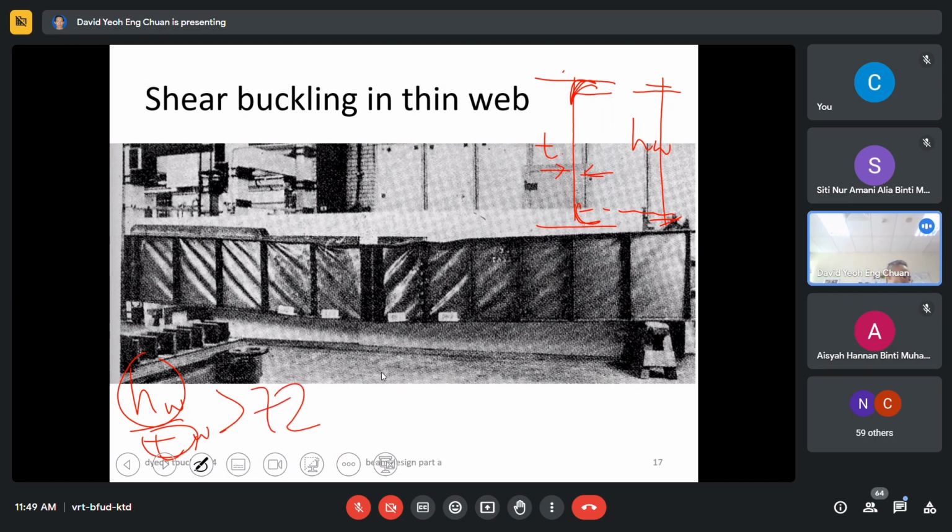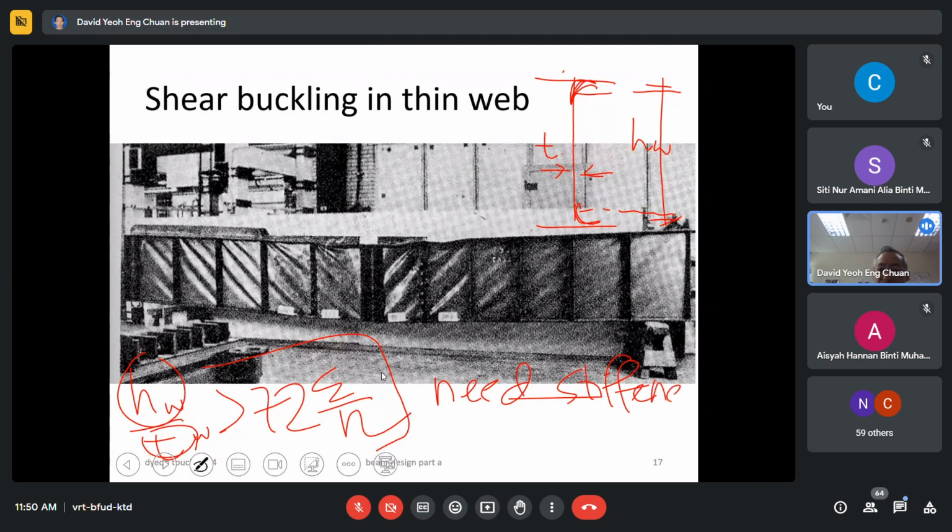Okay, more than 72, you go to page 52. You go to page 52. Are you all looking? So if it is more than this, then you need stiffener.